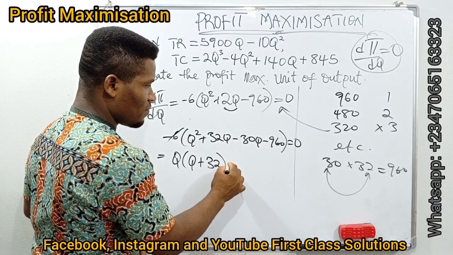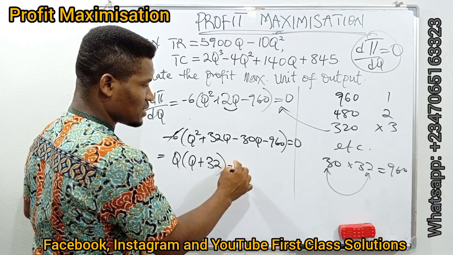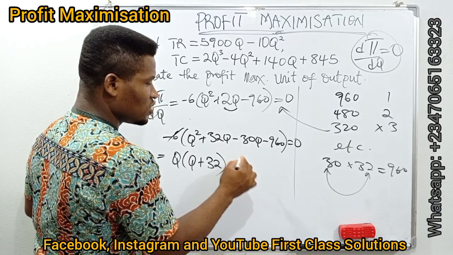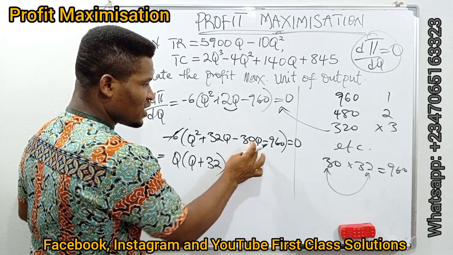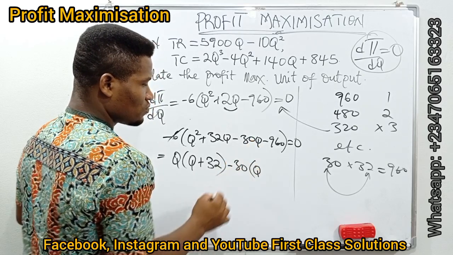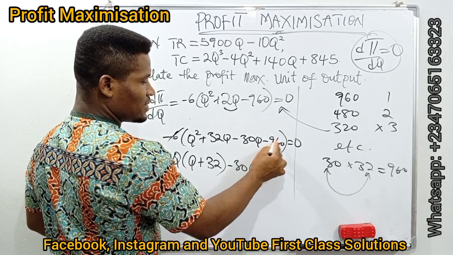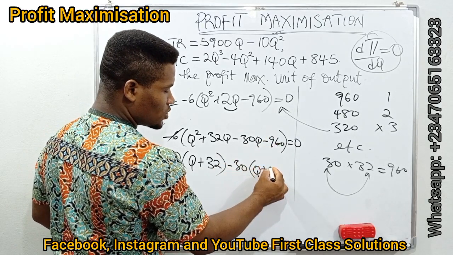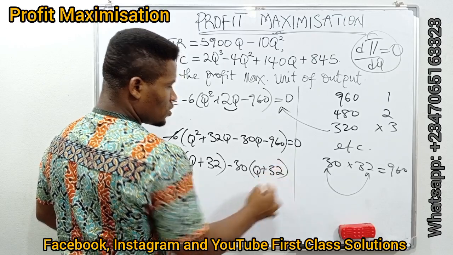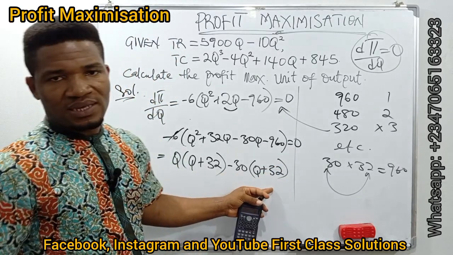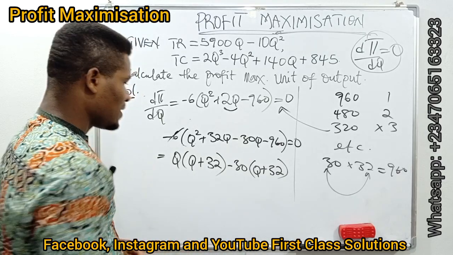Minus is common, and 30 is common. So minus 30 into q, the remaining; minus times minus gives us plus, and 960 divided by 30 gives us 32. Looking at this, we have these two brackets having that semblance.